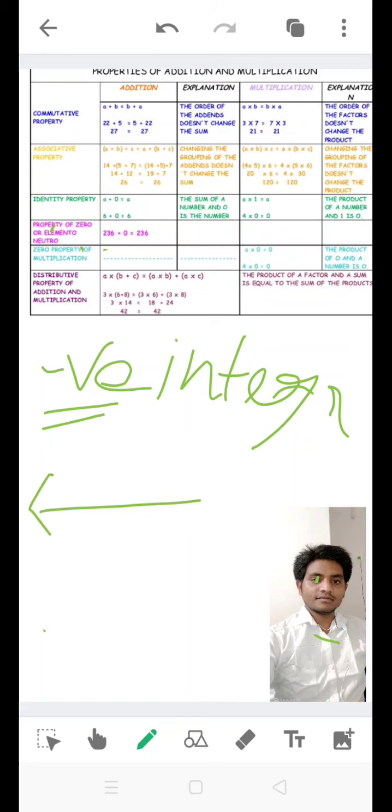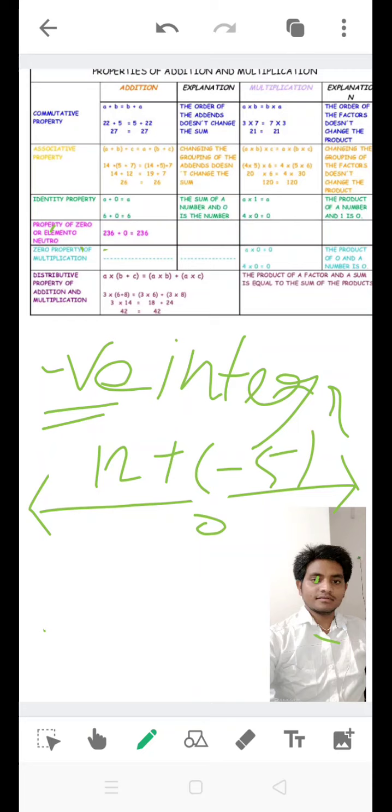That means if you have an integer line and we add a negative integer, like plus 12 and minus 5.